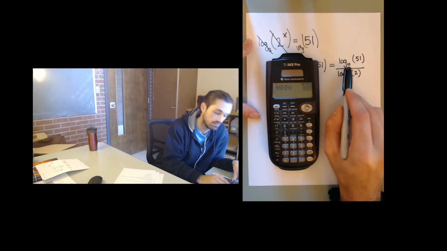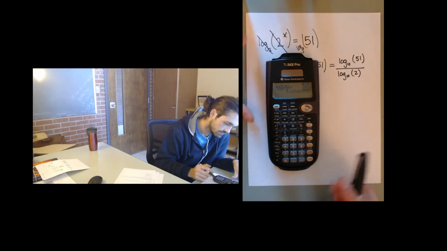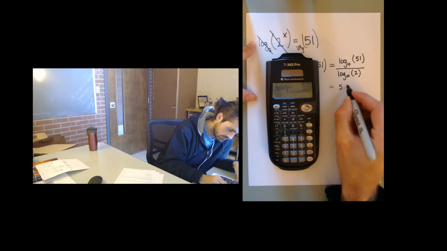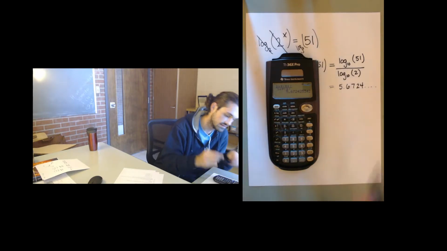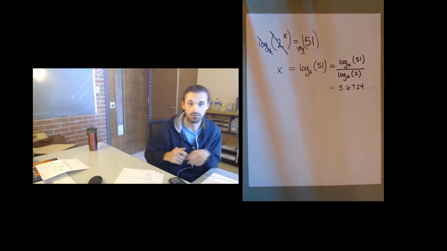Logging base 10, we don't normally write the 10 in the base because it's implied. And this gives me 5.6724... so on. Okay, so that's one route we could take.